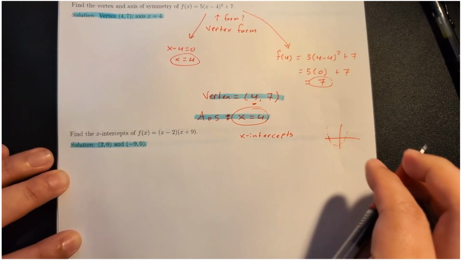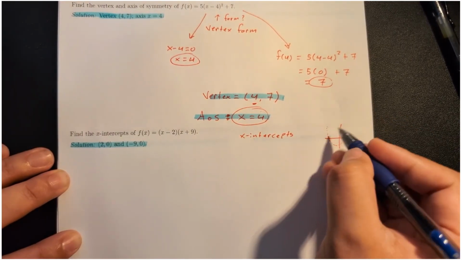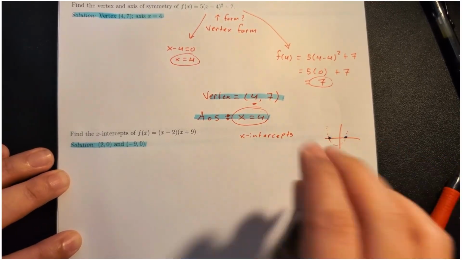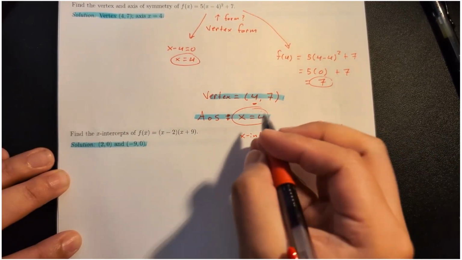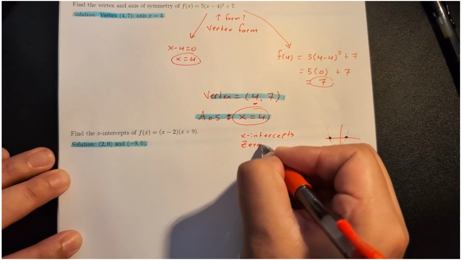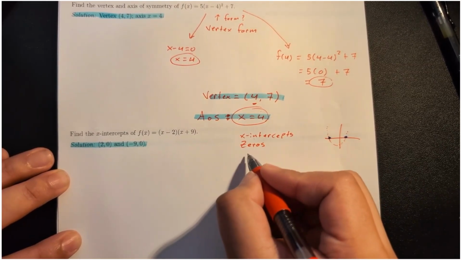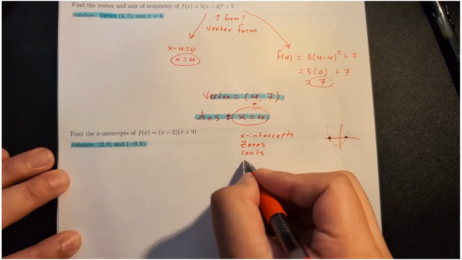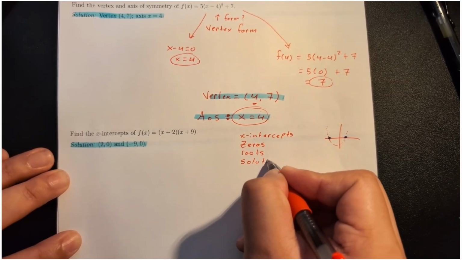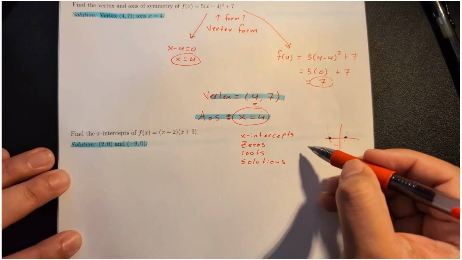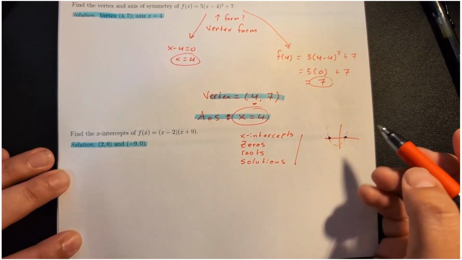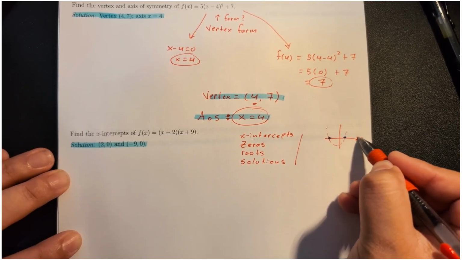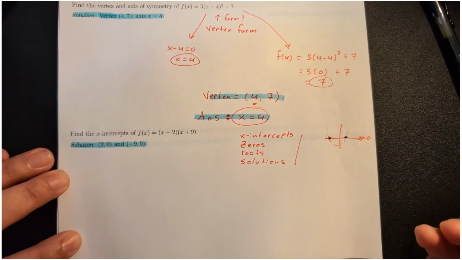Our x-intercepts are simply the point right there and right there. So another word for x-intercepts is zeros, or another word we use is roots, or another word that we use is solutions. So all of these mean the exact same thing. Where does it cross y equals 0?